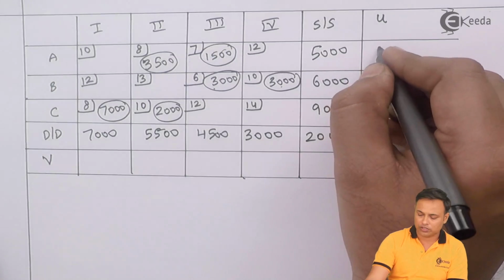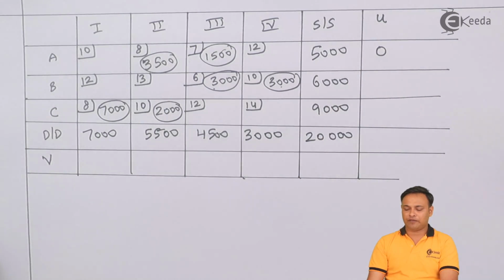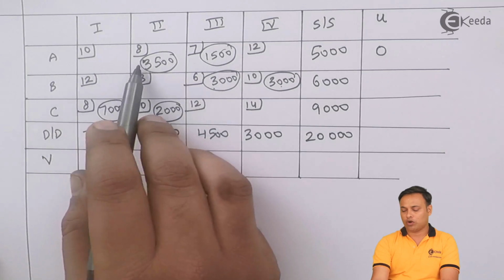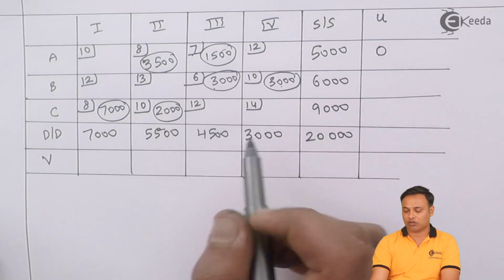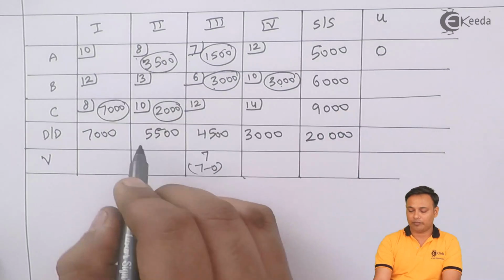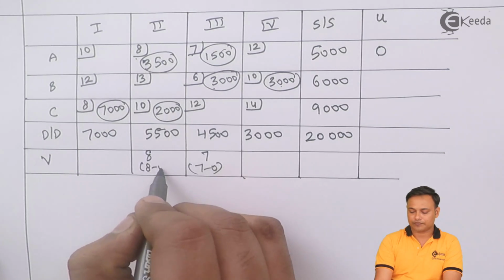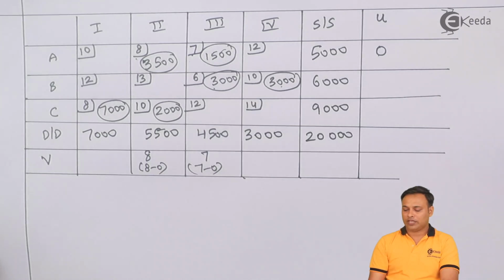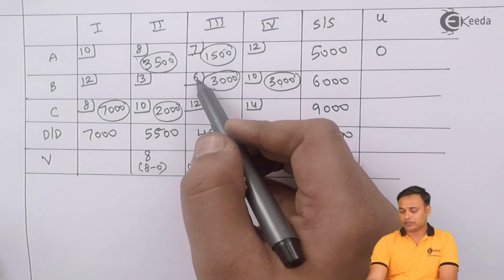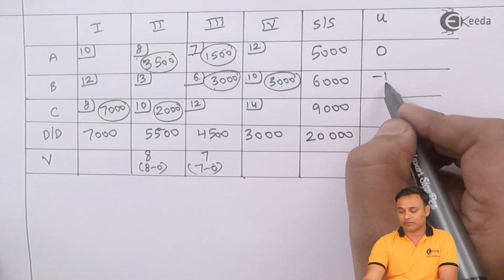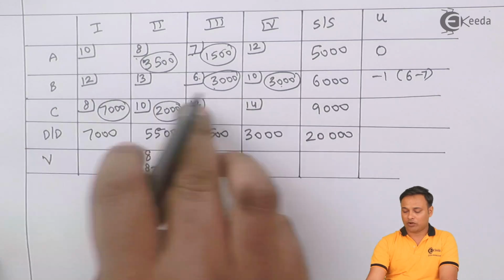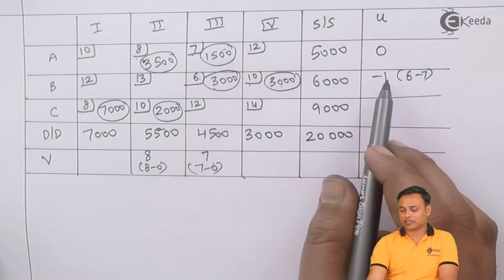Now we are going to again check the optimality of the solution by calculating U and V values. I'll put a 0 here first. In my first row, I have got 2 occupied cells. So 7 minus 0 will be 7, and 8 minus 0 will be 8. Then I have got one more occupied cell in the third column. 6 minus 7 will be minus 1. In the second row, I have got an occupied cell here, 10 minus minus 1.